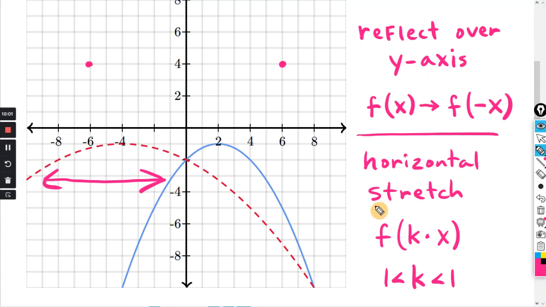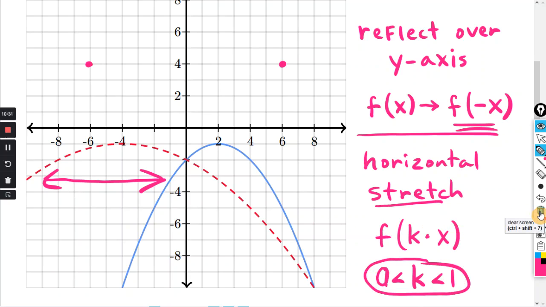And when it's stretched horizontally, k is going to be between 0 and 1, okay? Remember, it's the opposite. For the vertical stretch, k is greater than 1, but for the horizontal stretch, k is between 0 and 1. Okay, so we have to combine these two. It's going to be f of negative x, but the k is going to be between 0 and 1. So it's going to be like negative 1/3 or negative 1/2, something like that.